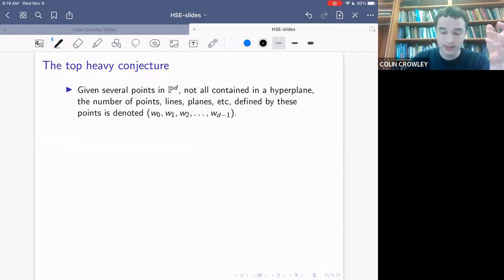The number of points, lines, planes that these define, I'll denote by this vector, W. Just to do an example, suppose I have 4 general points in the plane. Then these 4 points define 6 lines. So here, W0 is 4 and W1 is 6.